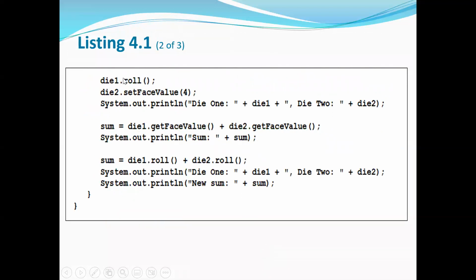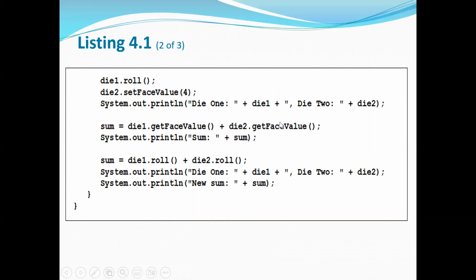So we wrote die1 again. Then we set die2 face value to 4. Then we print them. Now we sum die1 and die2 results. So die1.getFaceValue, die2.getFaceValue.